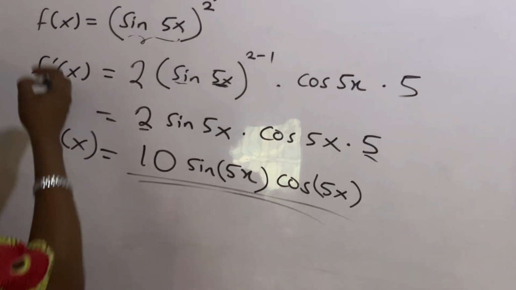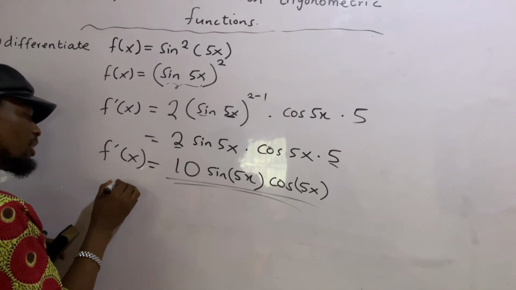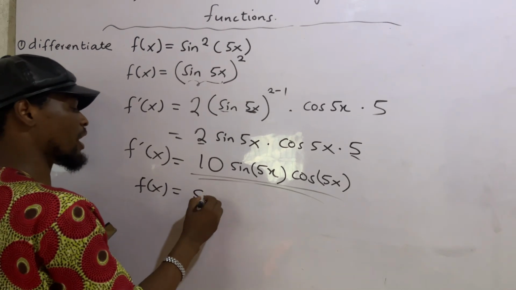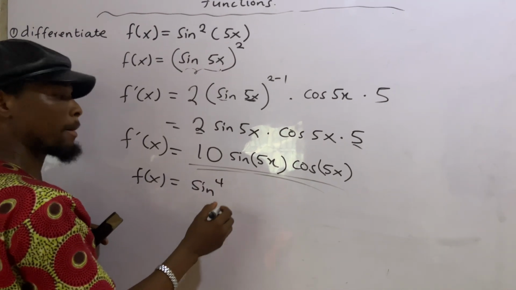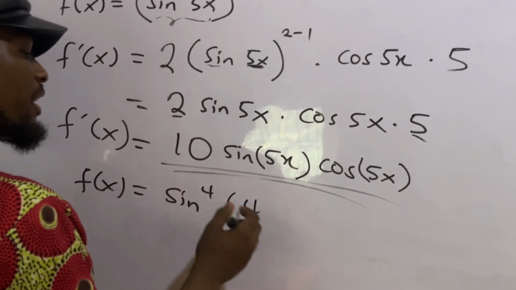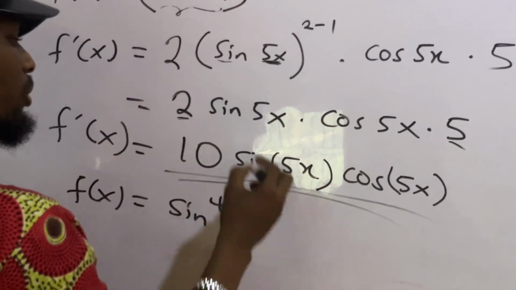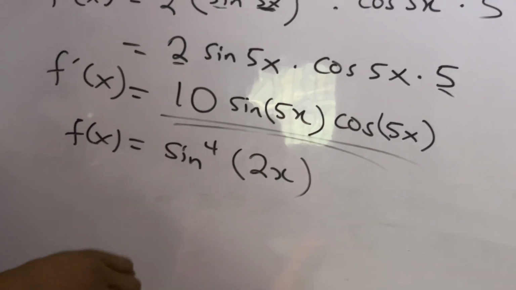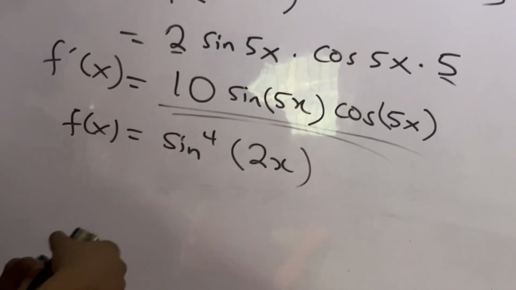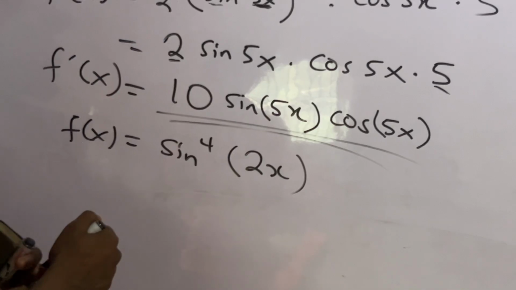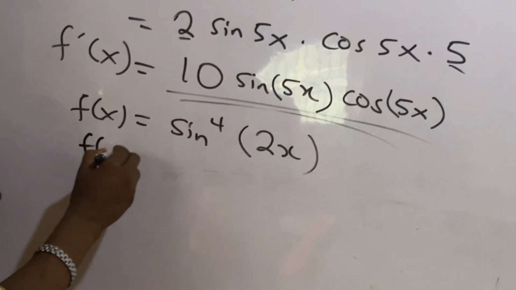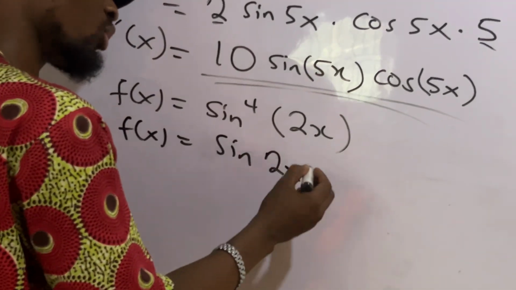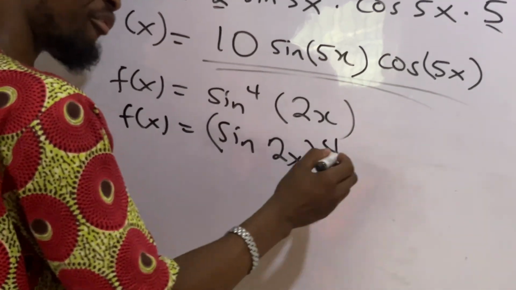Let's consider another example. Let's say we have f of x equal to sine 2x, all raised to the power 4. Using the same concept or analogy, we already know that this is the same as sine 2x this way, all raised to the power 4.